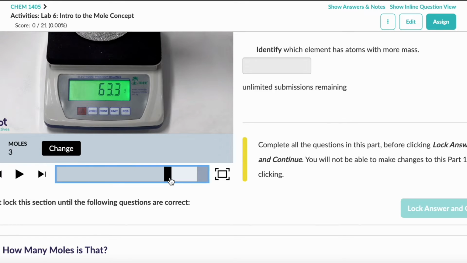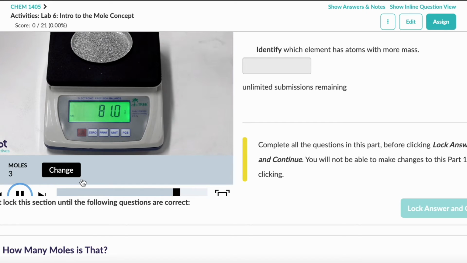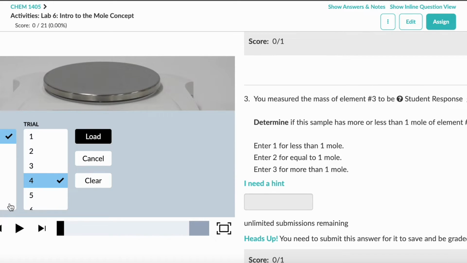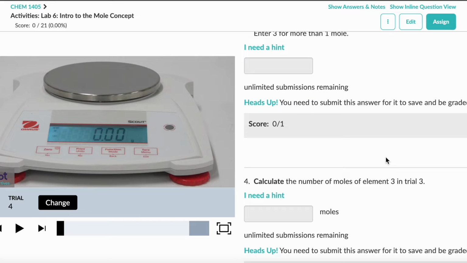Let's see, once they finish, it happens to be 81 grams or 80.9, right? So if you happen to have less than that, you can compare, right? So on whichever trial you happen to be looking at, if it has less, you will know, you can just compare from that, right?